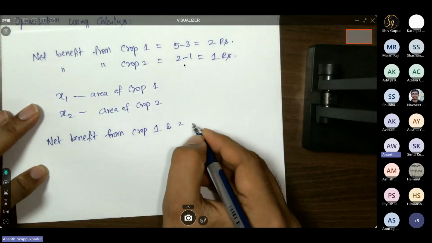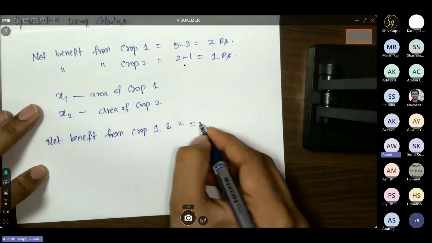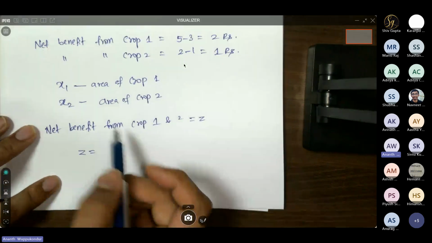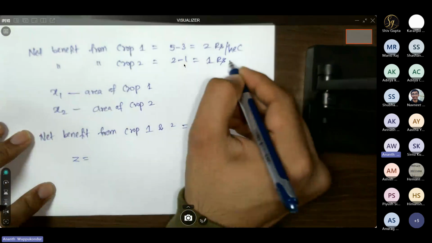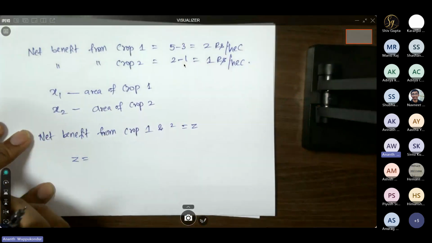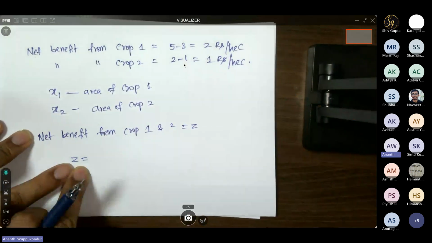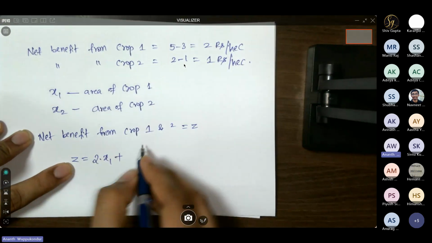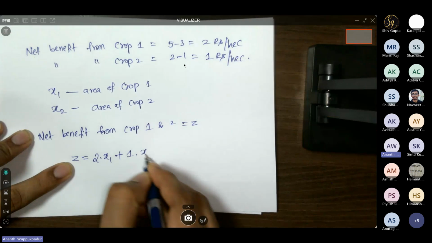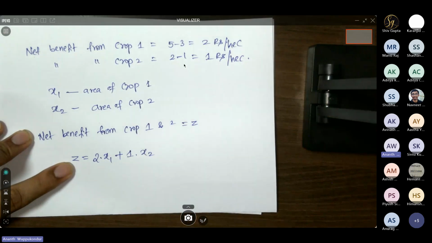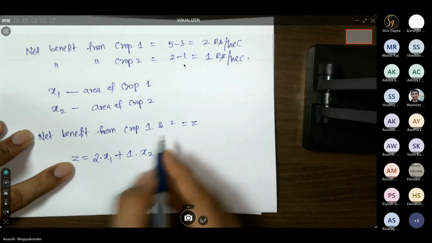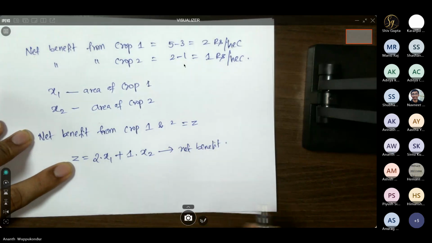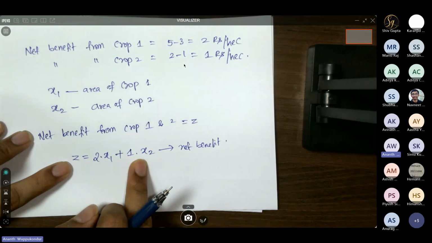Let us call this function Z. Now Z equals, with 2 rupees per hectare and 1 rupee per hectare as net benefit, 2 times x1 plus 1 times x2. So this is the function that I want to maximize.